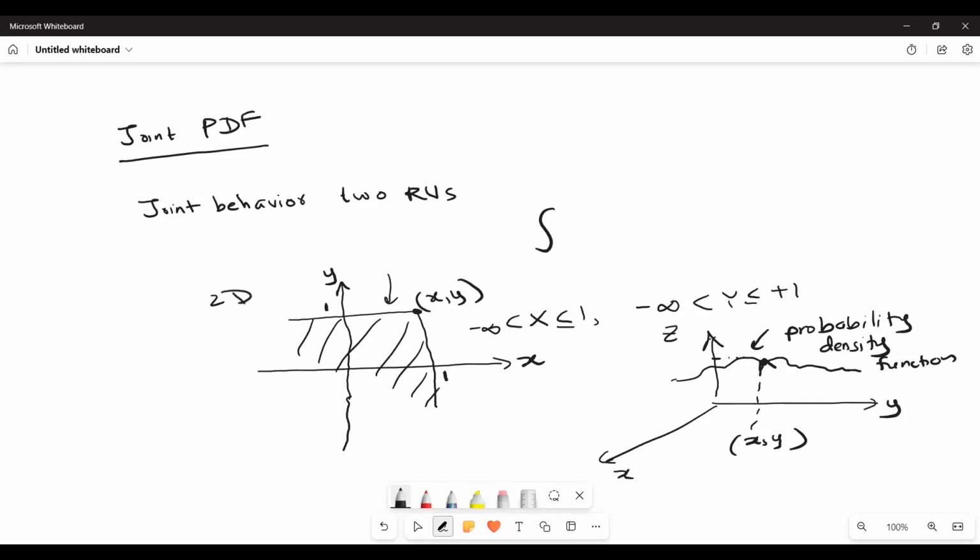The joint PDF function I will define as the integration of the probability density function over both the regions of x and y. So here we have a double integral over the real value range that we are considering.